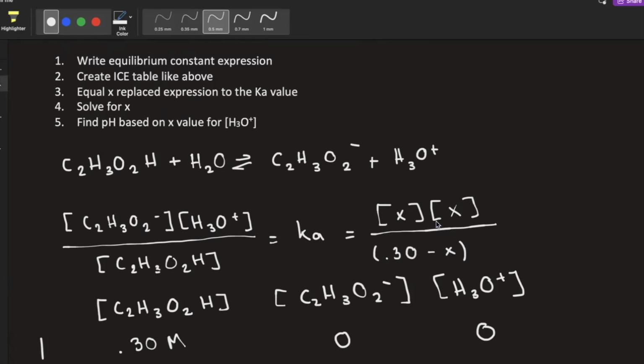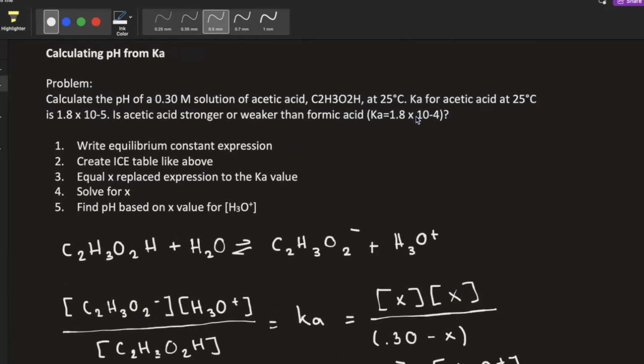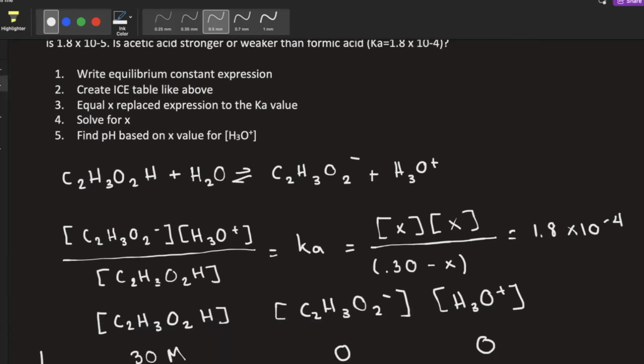Okay. Now, we're going to set the x-replaced expression equal to the Ka value. We know that the Ka value is going to be 1.8 times 10 to the negative 4th. Now, all we have to do is, like above, solve for x.